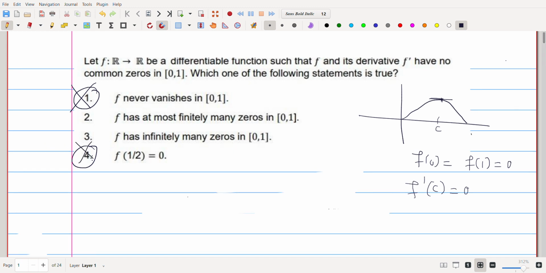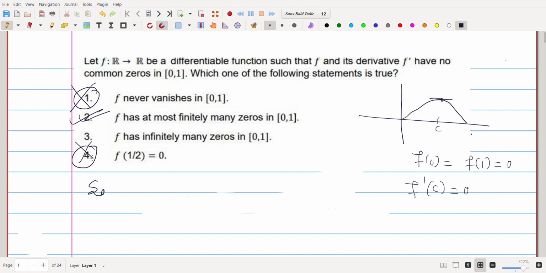Now the interesting fact is that the actual answer is that f has at most finitely many zeros. So how do we prove that f has at most finitely many zeros? Because you can take an example and conclude, but how do I prove it?